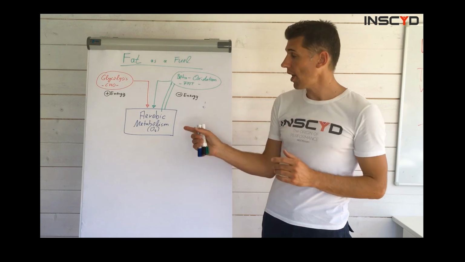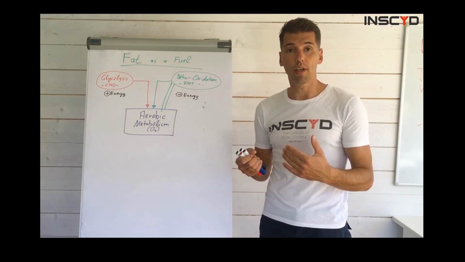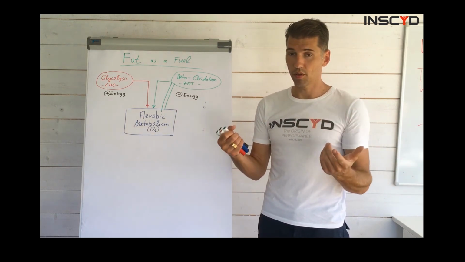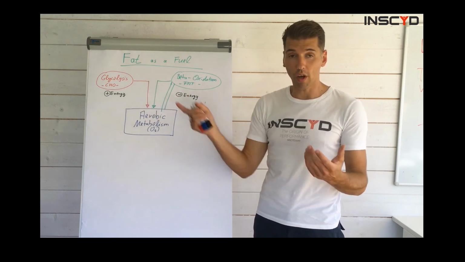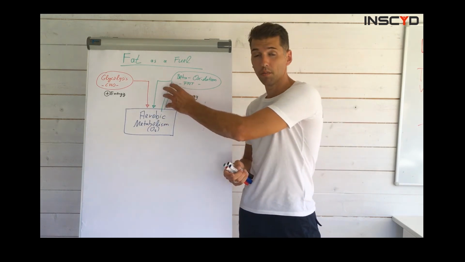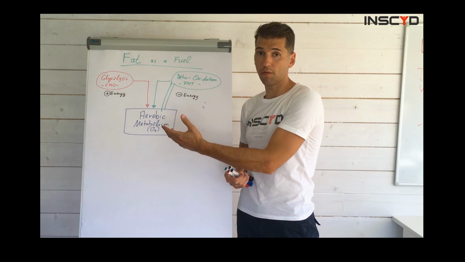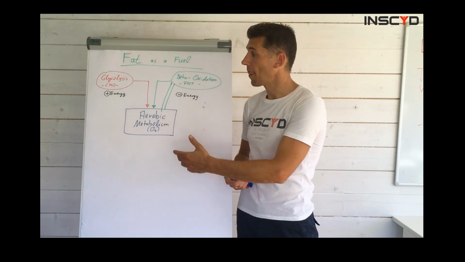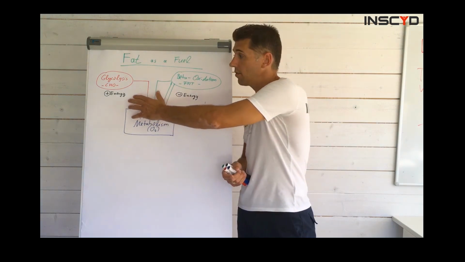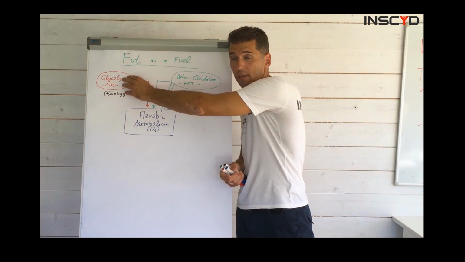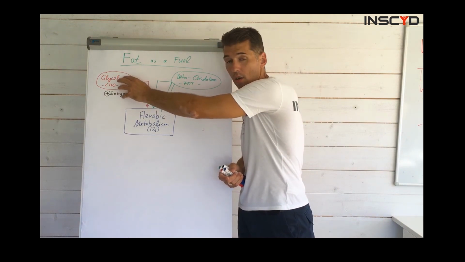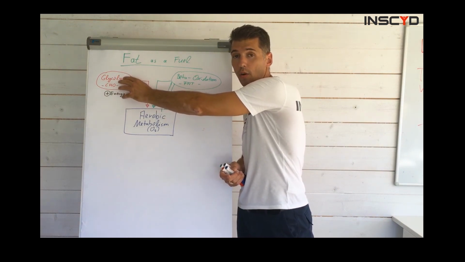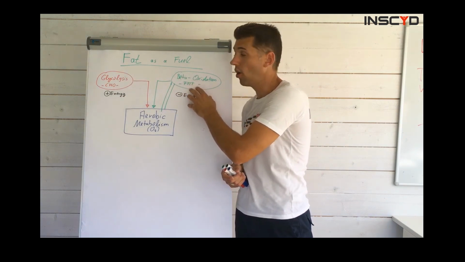So this is how the fat combustion is regulated. Two systems, so to speak, very simplified speaking, the stronger one wins, the one which delivers more energy is in the foreground. The other one is in the background. And you can regulate this, for example, high VLamax means high glucose, high glycolytic turnover, less fat combustion.